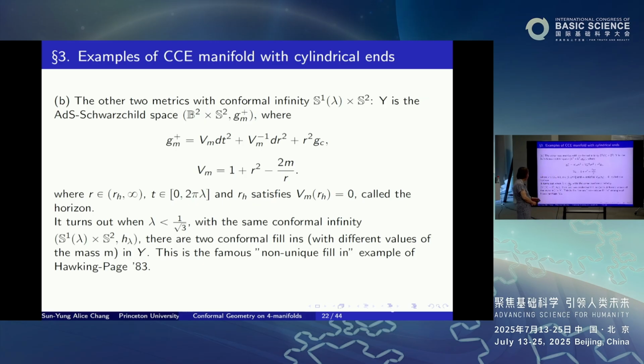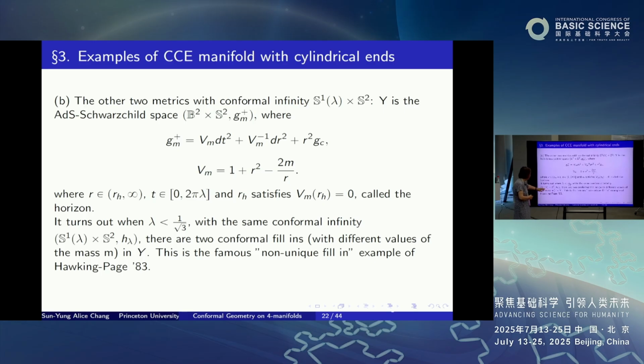And the important work of Hawking-Page is they pointed out, for this conformal filling in, when lambda is small, for the same lambda conformal infinity, there are 2 distinguished fill-ins with different mass. The mass is different.